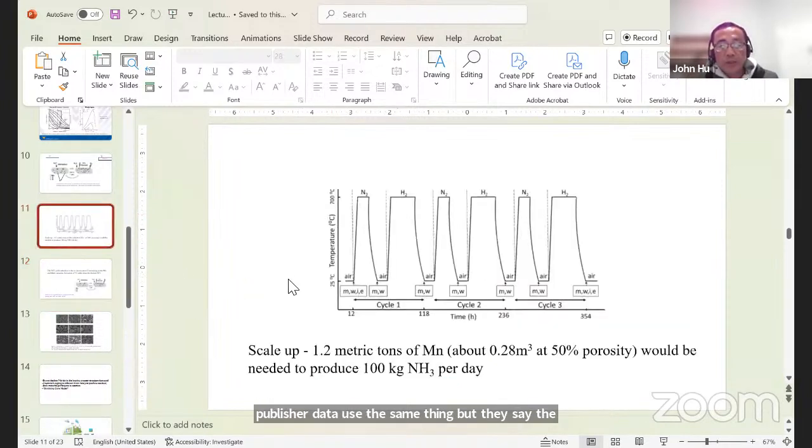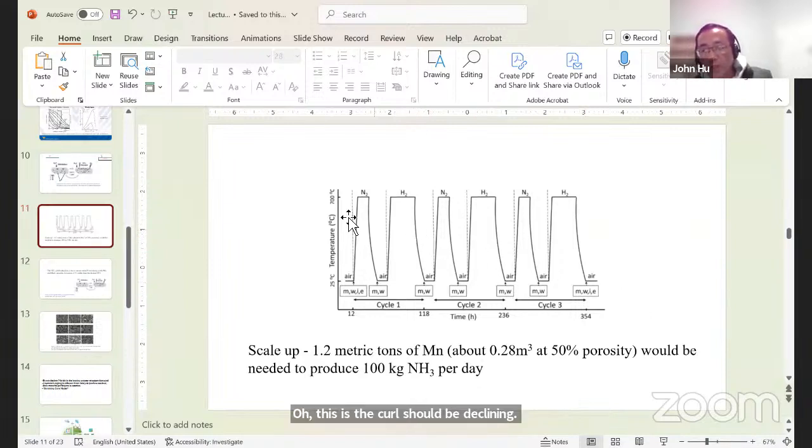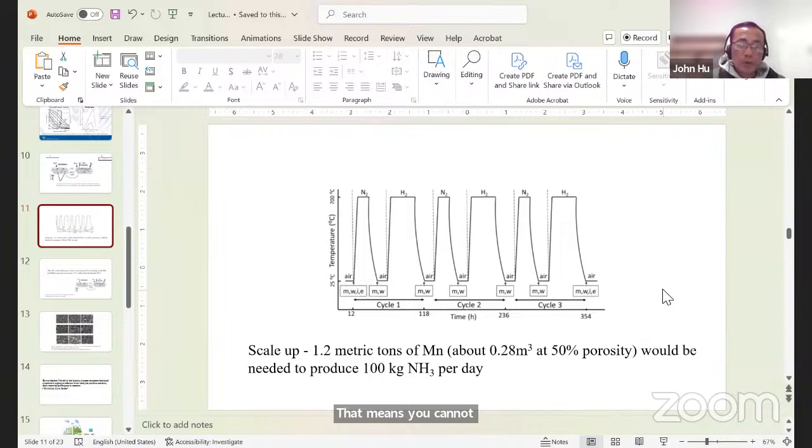What does it mean? If you look at experimental data, the curve should be declining. Follow me? So first cycle, second cycle, third cycle should be declining. That means you cannot rejuvenate or rebuild the same structure, because it will not go back.